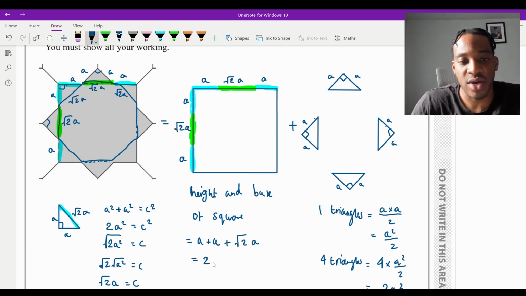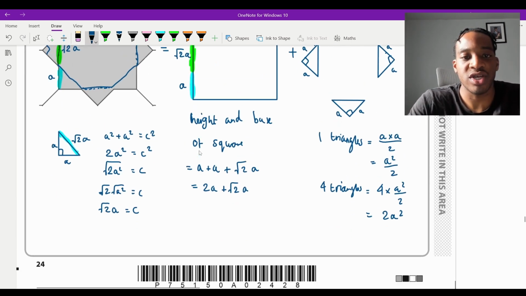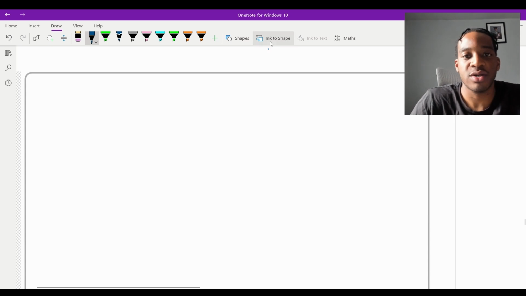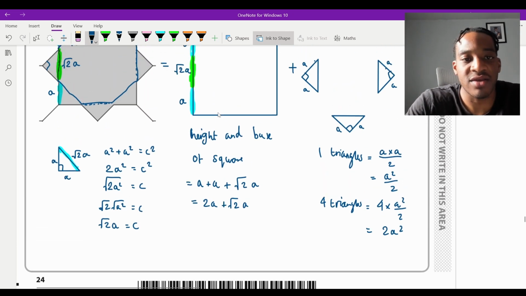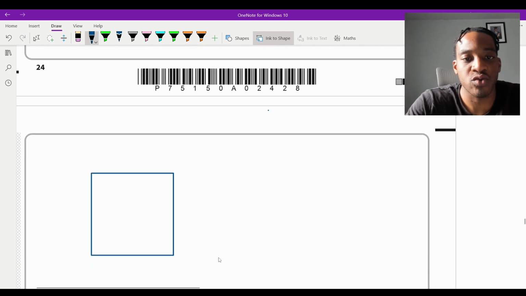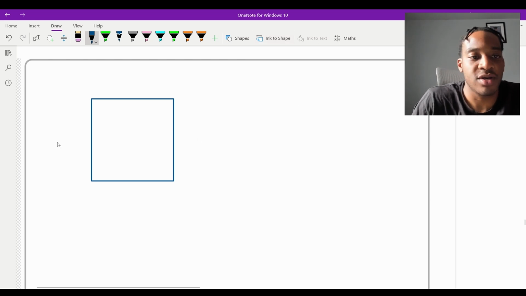Now, a plus a is 2a, and then we have root 2a here. So what do we know? We know that the base and height is 2a plus root 2a. So it's going to be 2a plus root 2a, and it's going to be 2a plus root 2a.